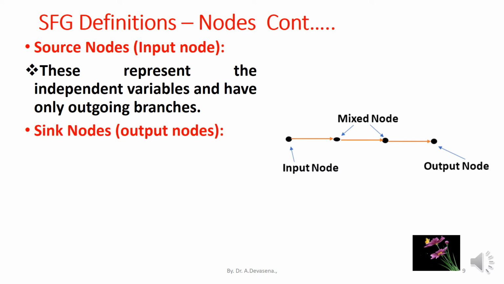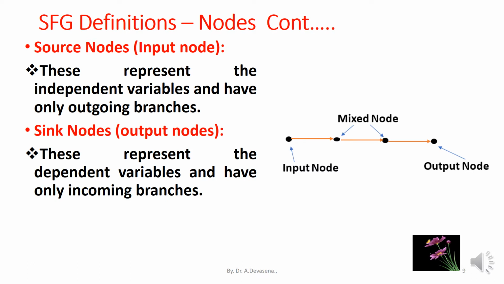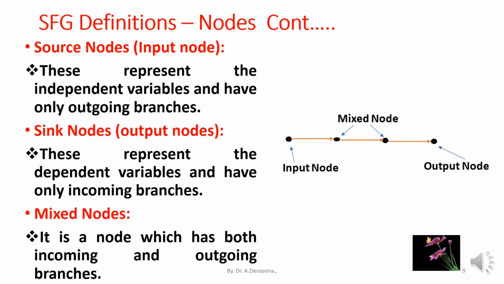Sink nodes represent the dependent variable and have only incoming branches. Mixed nodes. A mixed node has both incoming and outgoing branches. So these nodes are represented in the given signal flow graph.